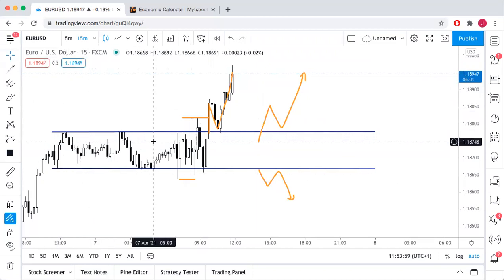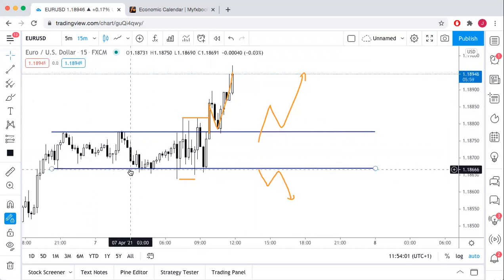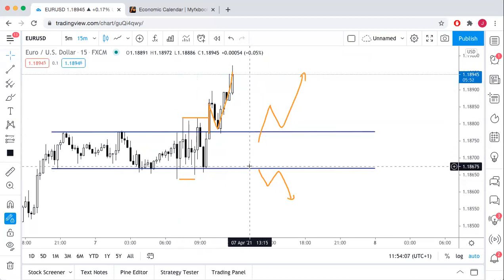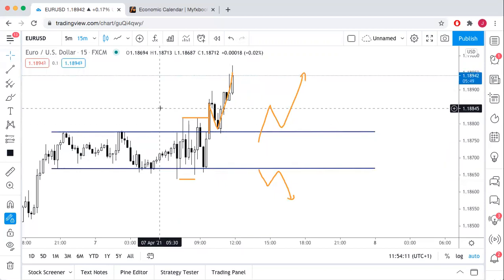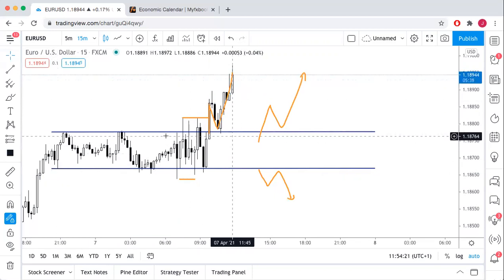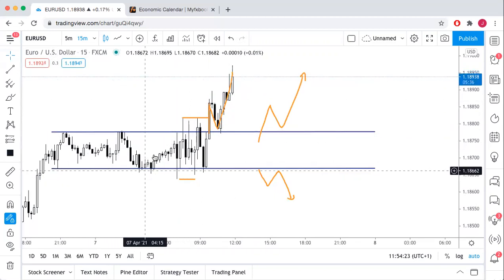Now, with a tight range and a small range on the 15-minute, I wouldn't do that, but on the 4-hour and the daily, even the 1-hour, ranges can be good, especially if you've got a big range of pips between them. On this one, it's only a 10 pip range because it's on the 15-minute, as I said, and it's quite a tight range. But if you can get a big range on the 1-hour, the 4-hour, the daily, depending on your strategy, then you can take nice trades based off bounces within this range.